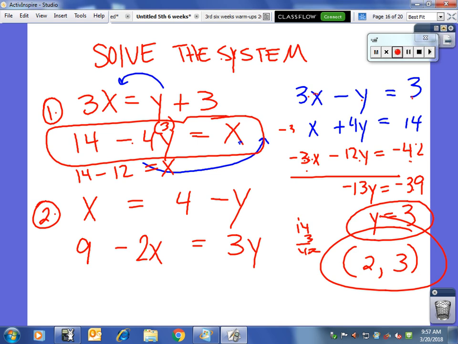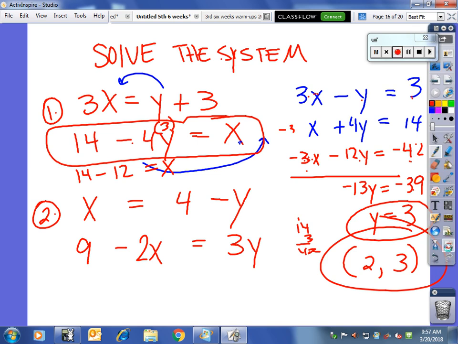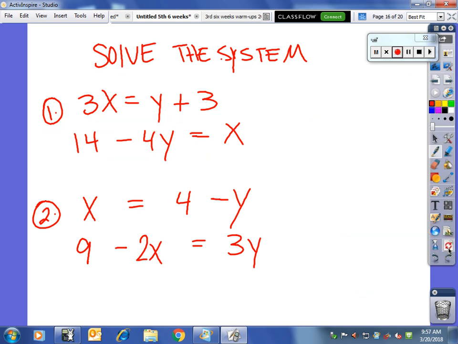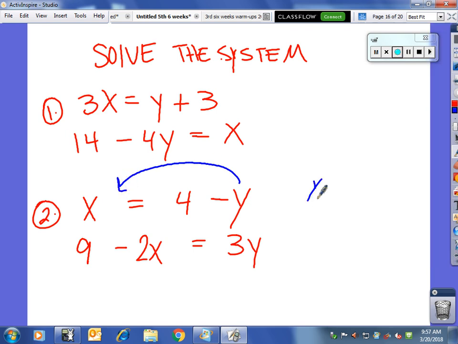The second answer was 3, 1. Positive 3, positive 1. Do you need to see the second one? Okay, did you do addition or elimination? Okay, so tell me how you rearrange stuff, because there's different ways to rearrange as well. Okay, so you had x plus y equals 4.